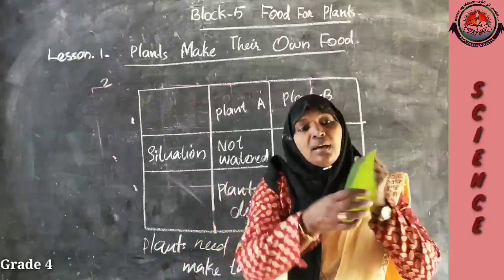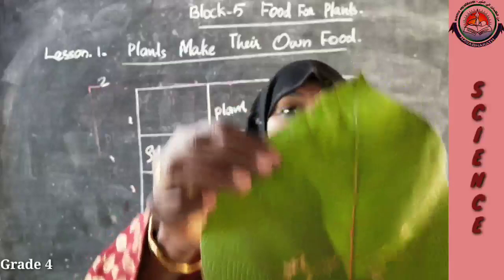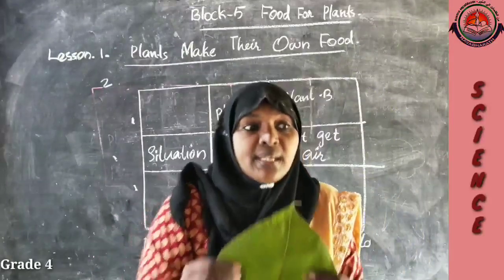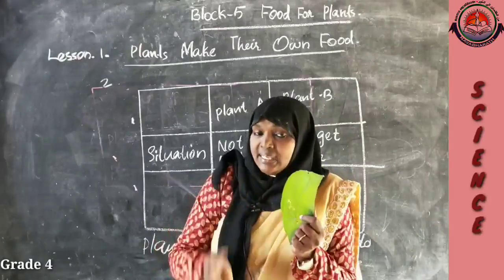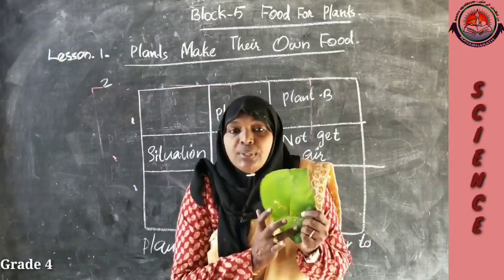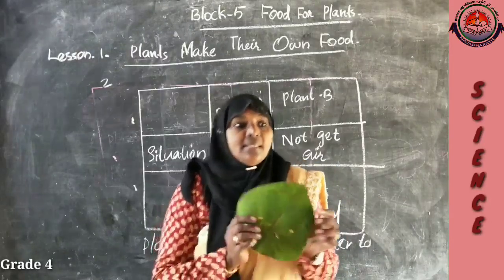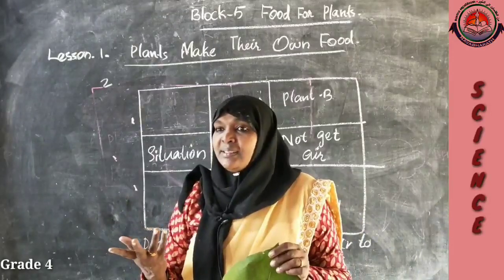The leaves have very small holes on their surface. The holes are called stomata. Air enters and leaves the leaf through these stomata. Clear?